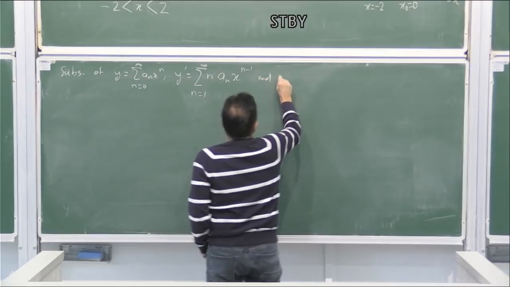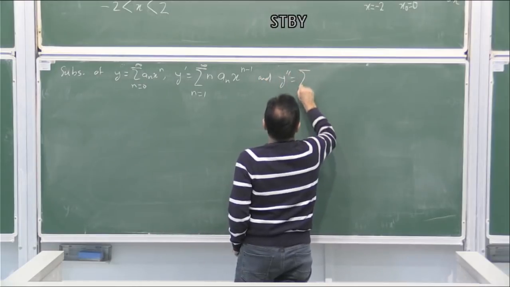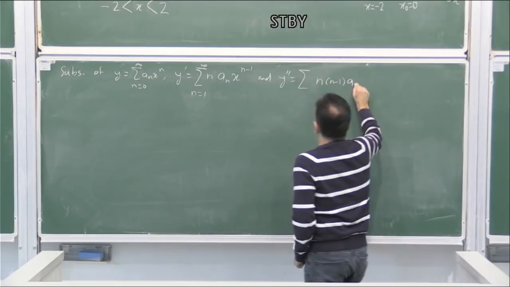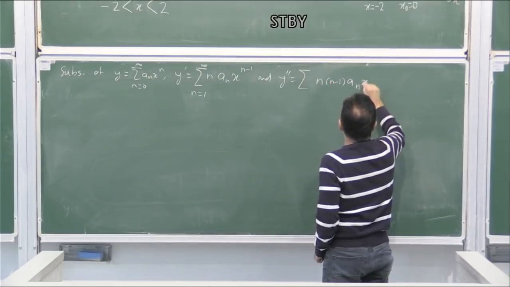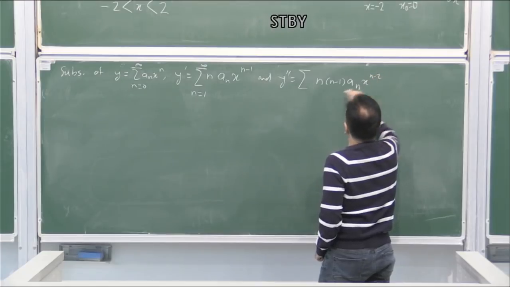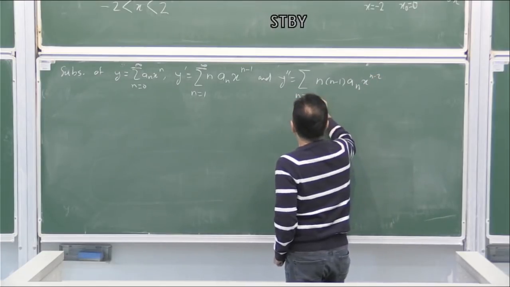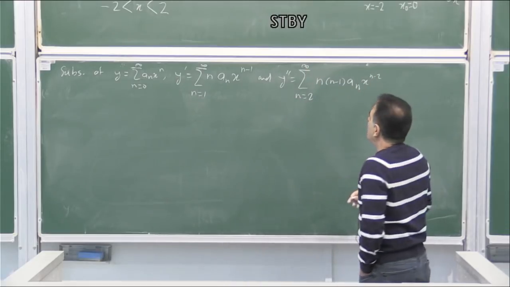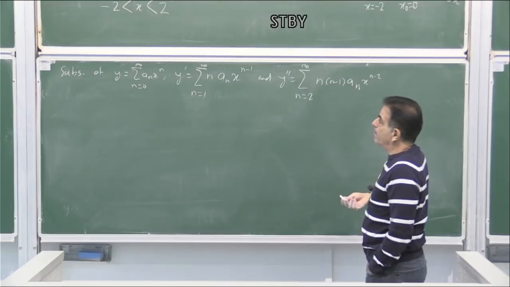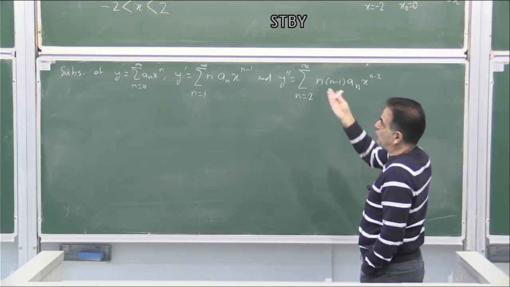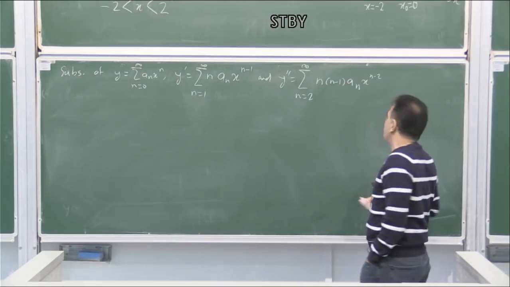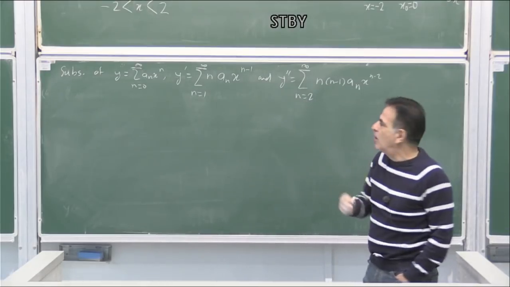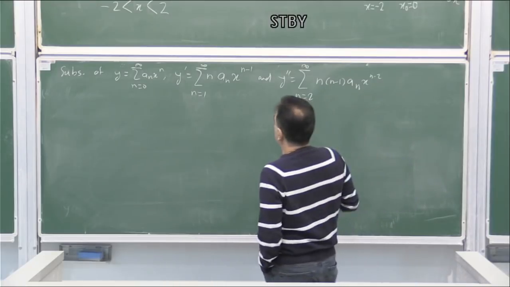And the second derivative, which is n(n minus 1) a_n x to the power n minus 2. So you will see that these are all the same if you choose, of course, x0 equal to 0. Okay? So we are looking for a solution of the similar form for any differential equation.